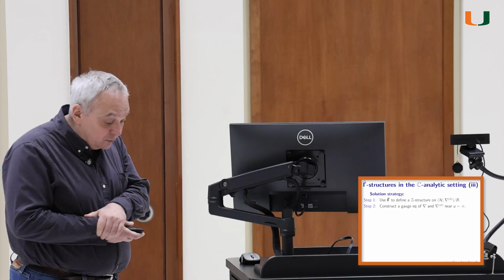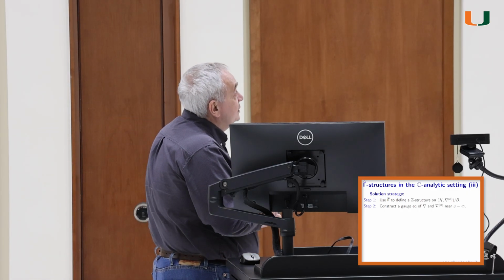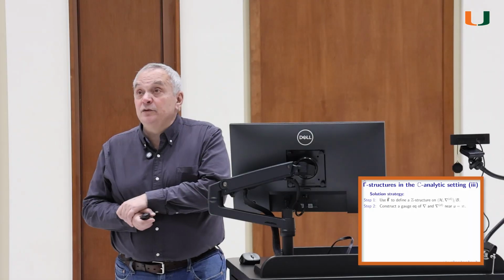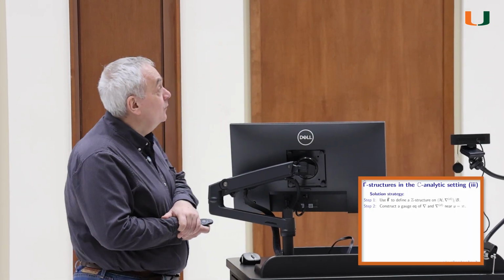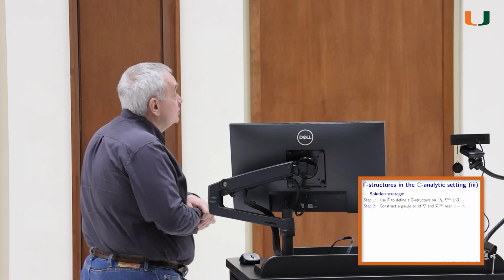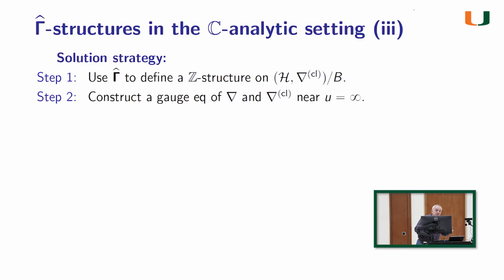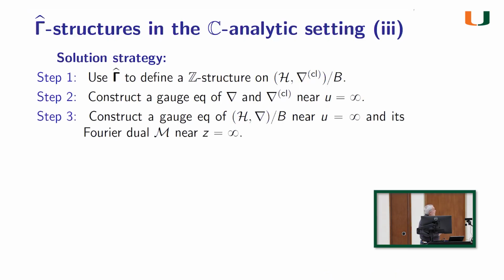The quantum D module actually is gauge equivalent to the classical D module near infinity in U. So we want to construct this gauge equivalence. And another interesting thing is that the quantum D module near U equals infinity is gauge equivalent to its Fourier dual near Z equals infinity.